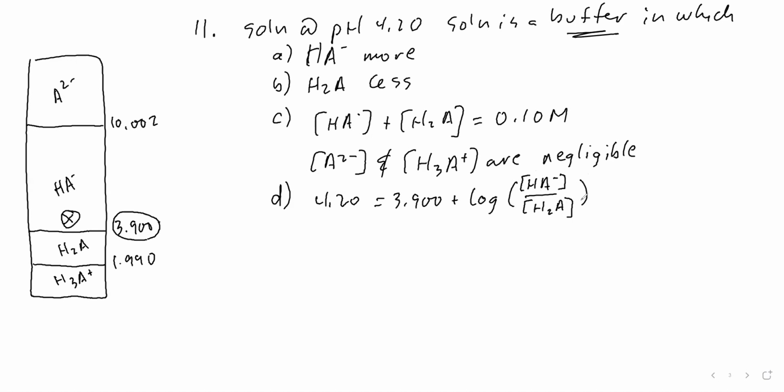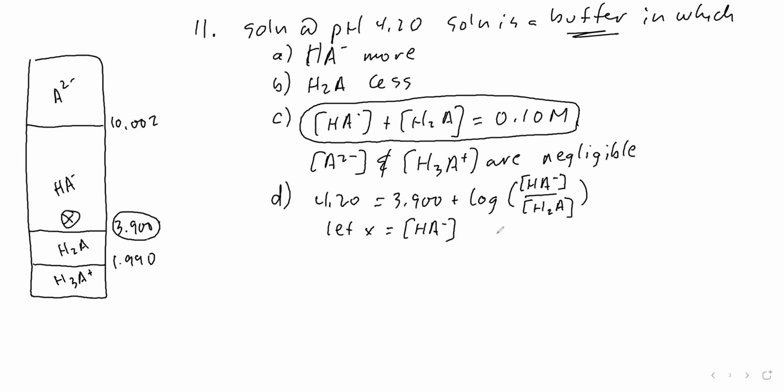Now we have to make this part C assumption into some algebra. So what we're going to say from part C is that let X equal HA minus.